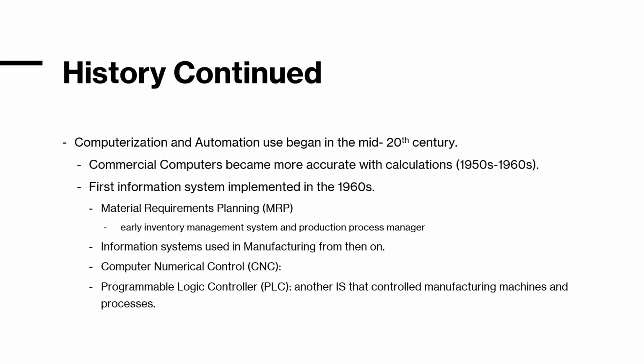So in the 1960s, the first information system used was Material Requirements Planning, or MRP, and this was an early inventory management system, as well as a production process manager. It helped them with supply chains, with raw material gathering, ordering parts, also just processing times and any other simple data such as how fast something's being produced, how much is being produced, simple things like that.